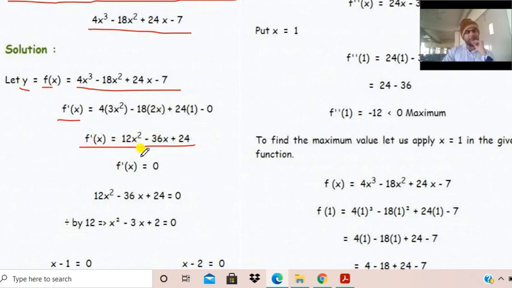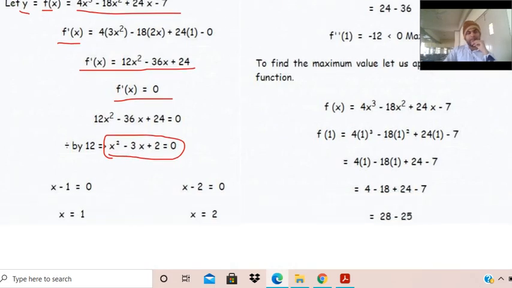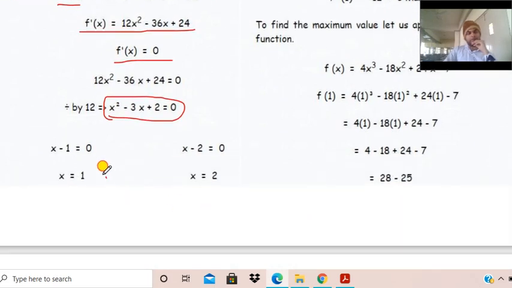Now similarly, we put f dash x is equal to 0 or dy by dx is equal to 0. And so then we get this equation and we solve this quadratic equation that I have explained to you in my previous question. From that we will get two values of x, that is x is equal to 1 and x is equal to 2. These are the two turning points of this question.